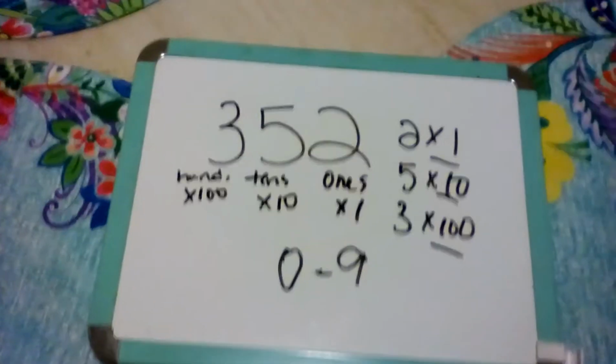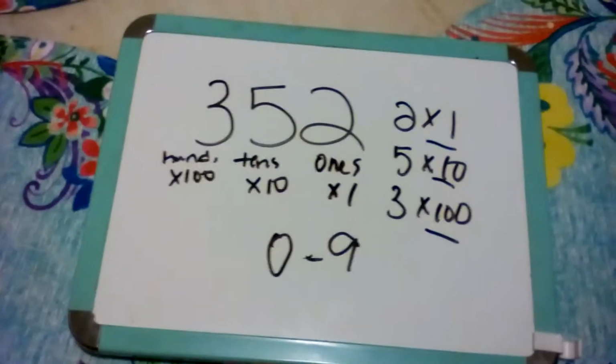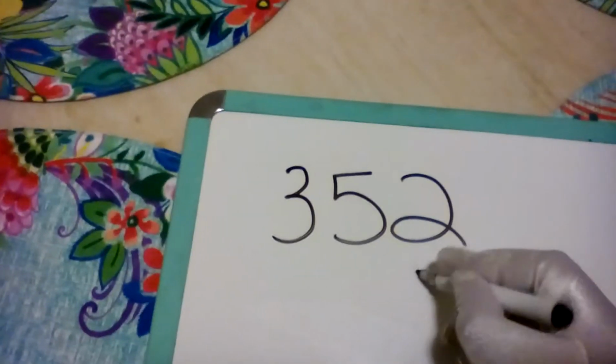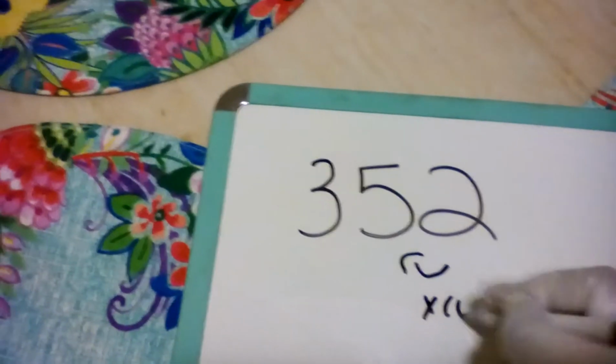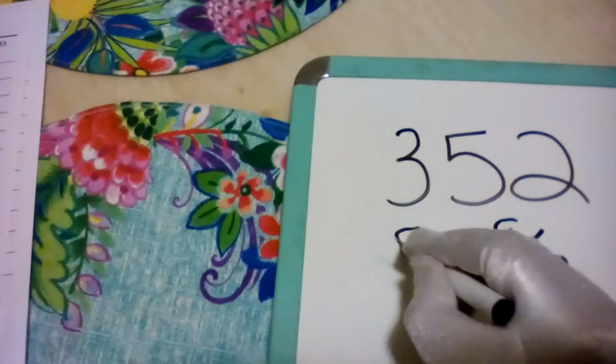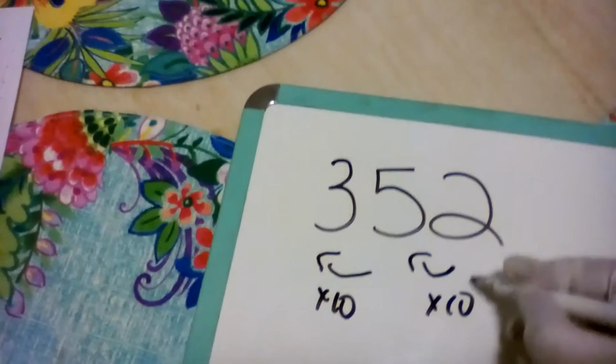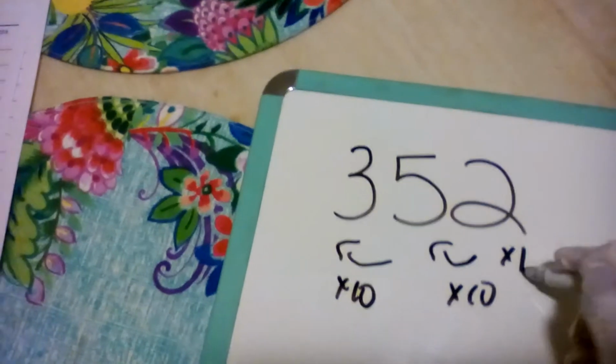So let's look at this a little bit more closely. As we move to the left in a number, you're going to multiply times 10. So the ones place is times 1. If you multiply 1 times 10, you're going to get the tens place.